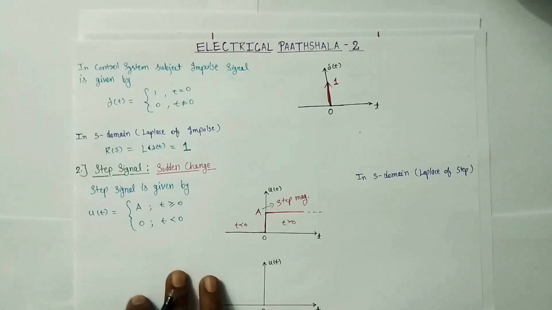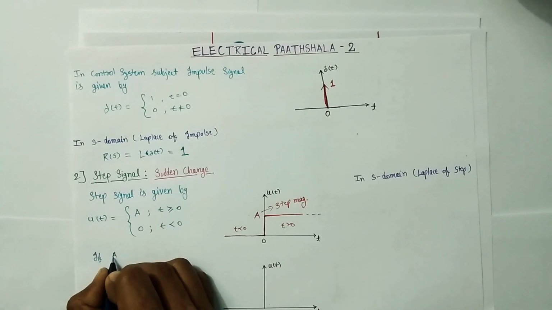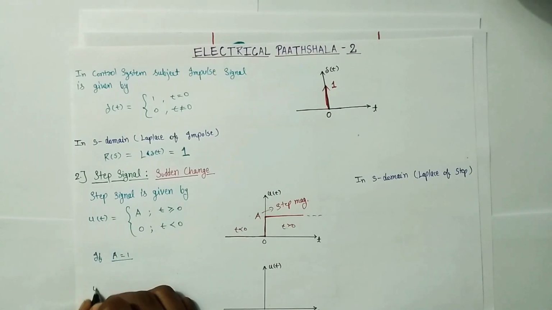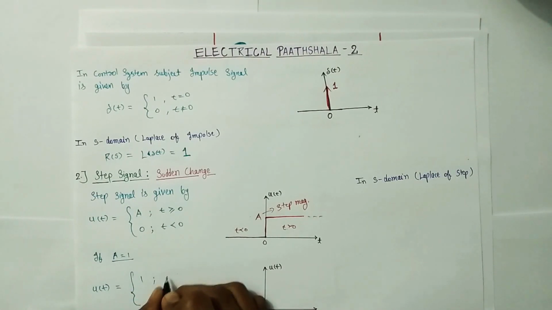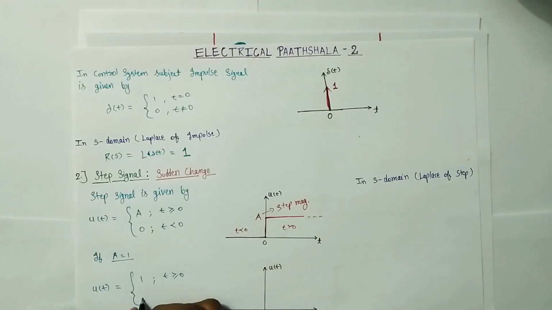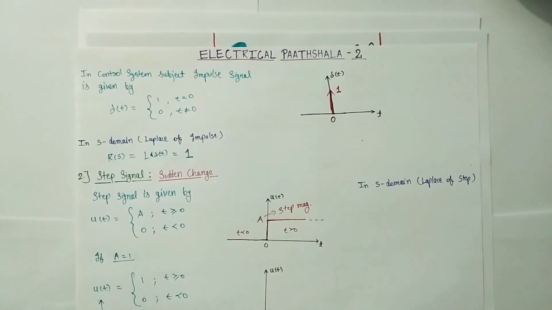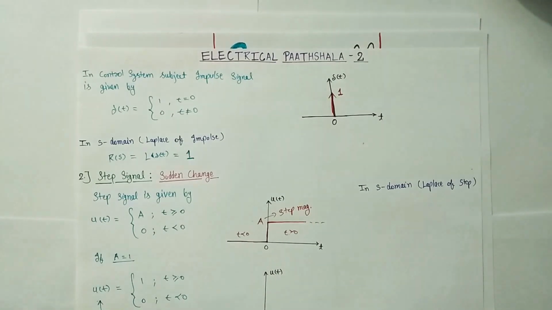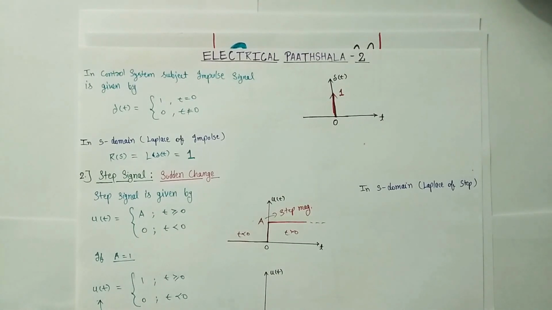Now if the step magnitude A is equal to 1, then u(t) will become 1 for t greater than or equal to 0, and 0 for t less than 0, and this u(t) is known as the unit step signal, and it is graphically represented like this.